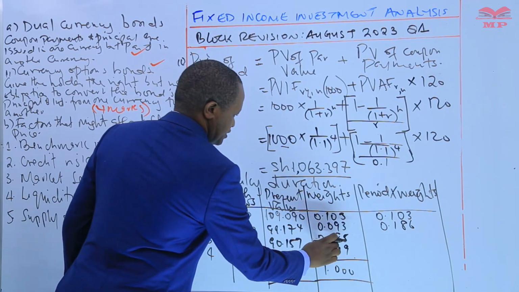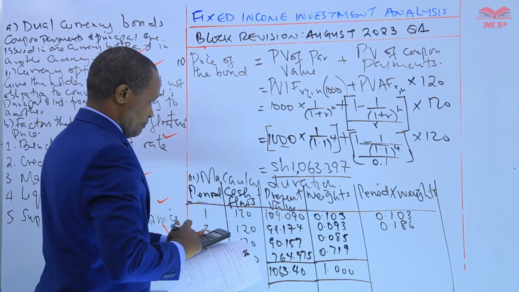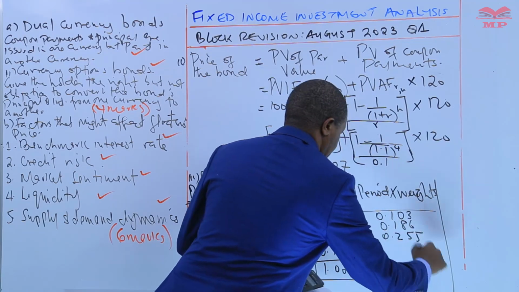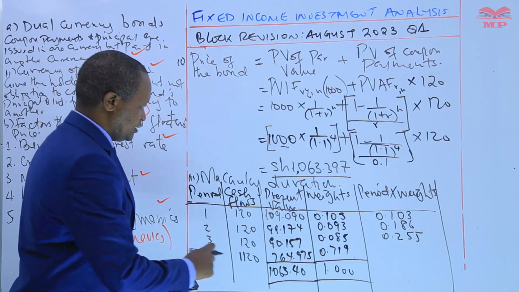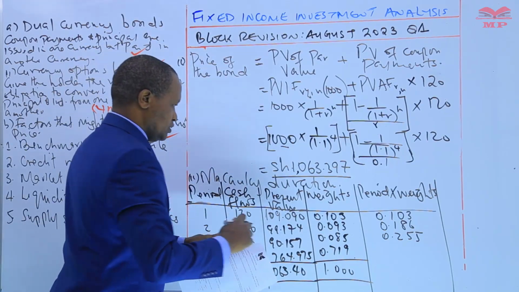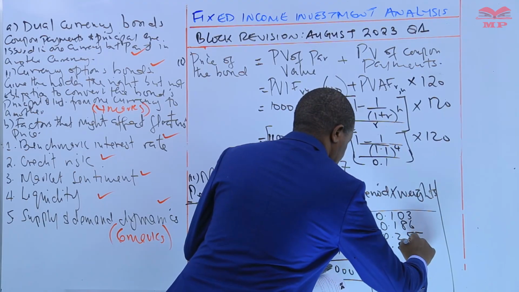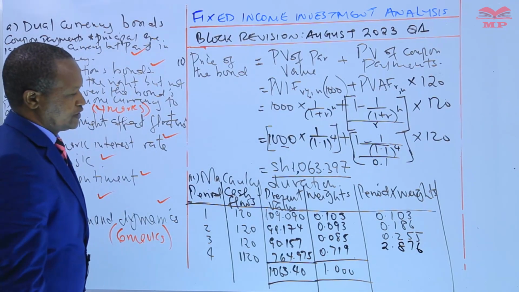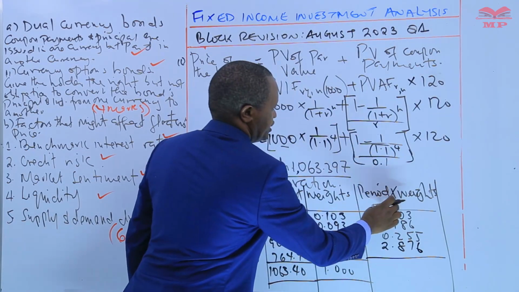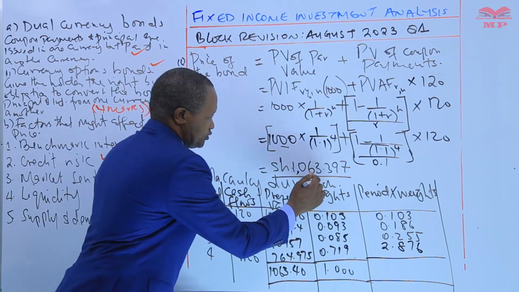Next, we'll have 0.085 times 3, 0.255. Then lastly, I'll take 0.719. This gives me 2.876.